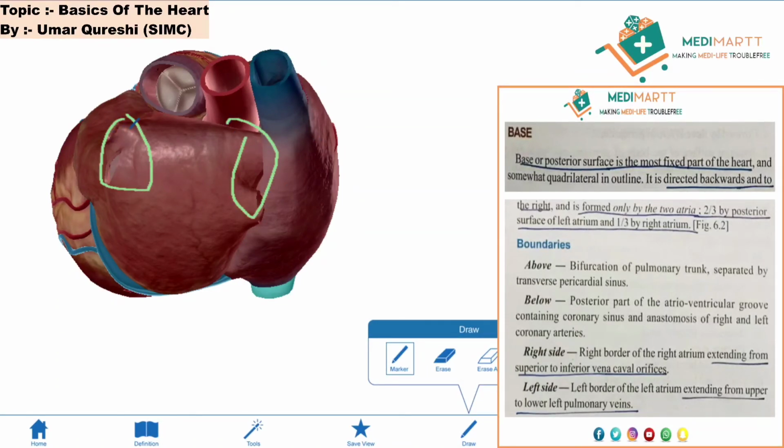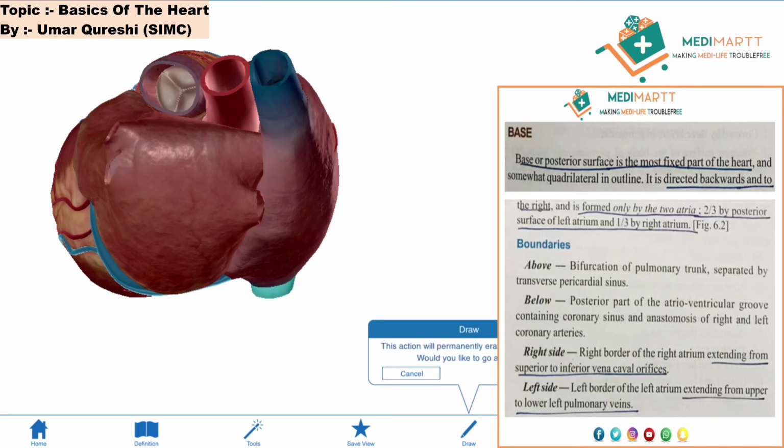Okay, so what is being said is that the left side boundary is formed by the left border, extending from the upper to the lower left pulmonary veins, because it is the left side. This is the left sided boundary.